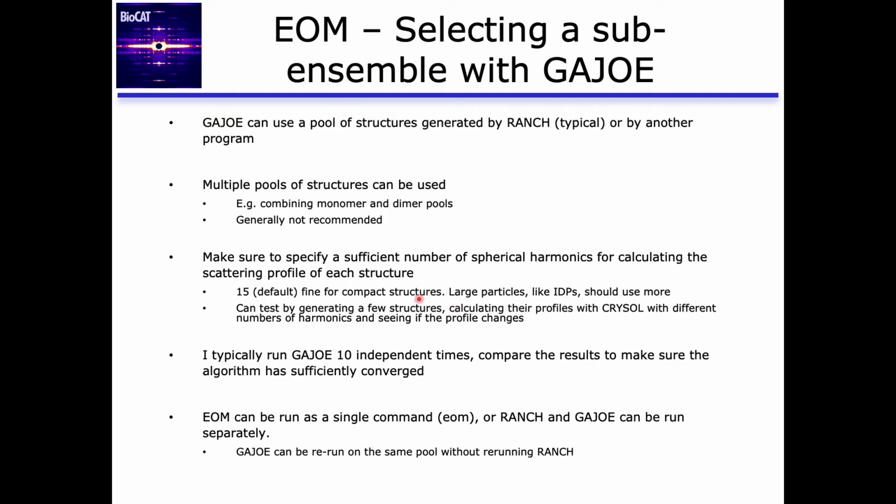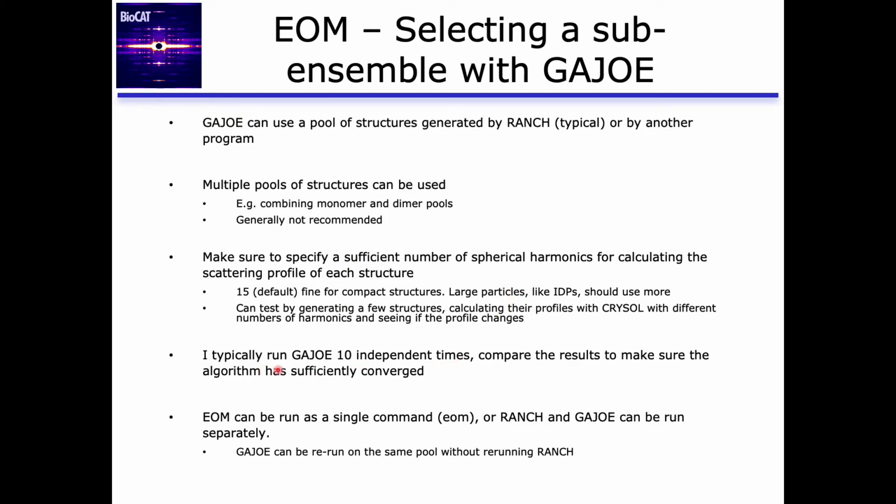A good way to test this is using that test pool of structures that you generate, that first 100, find a few that look particularly extended, calculate their profiles with Chrysol with the different number of harmonics, and see if the profile changes. The reason you don't just want to default to the largest number of harmonics possible is it's going to take a lot longer to calculate the profiles for each individual conformation. So you want to check this as well.